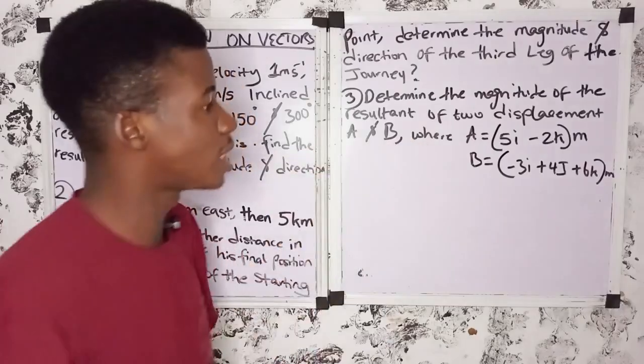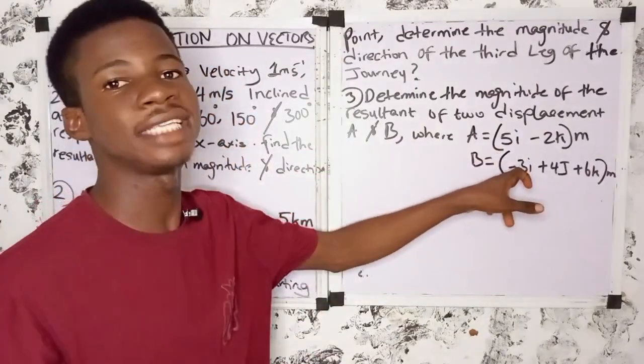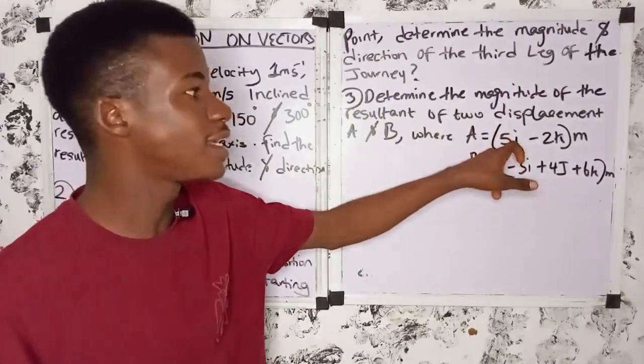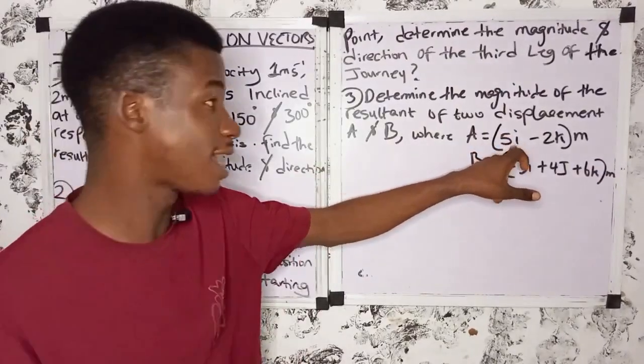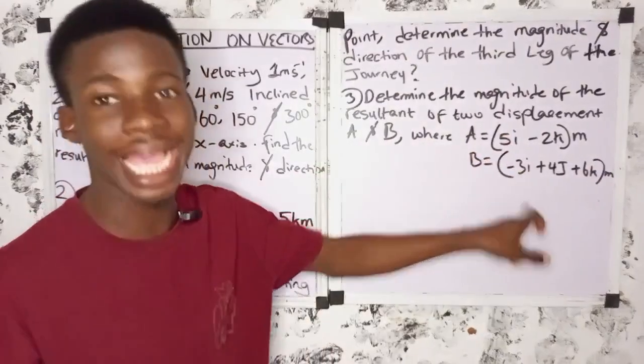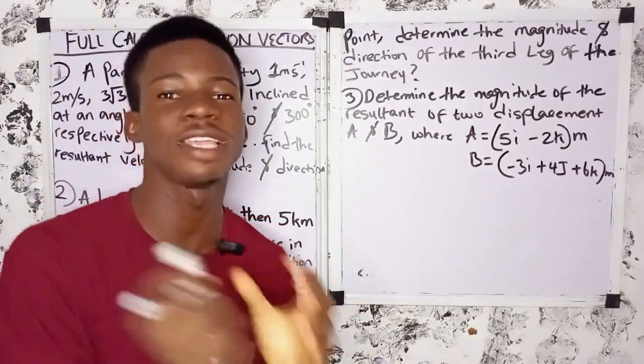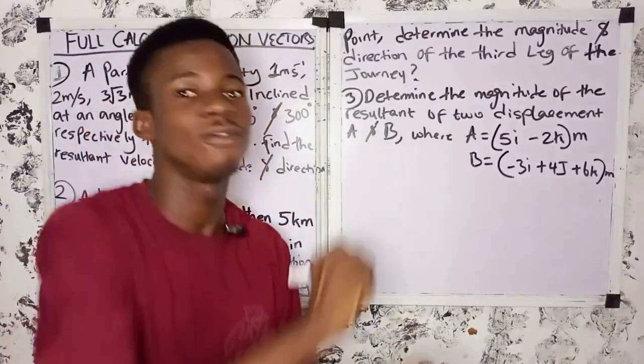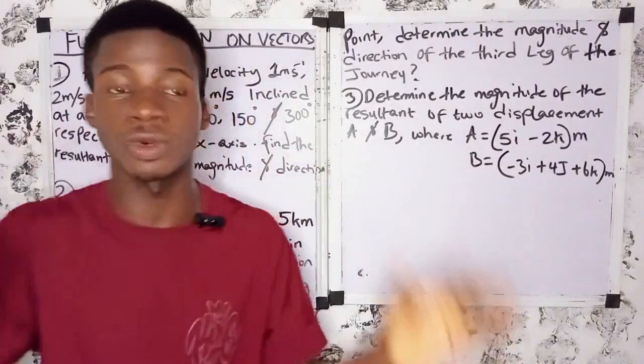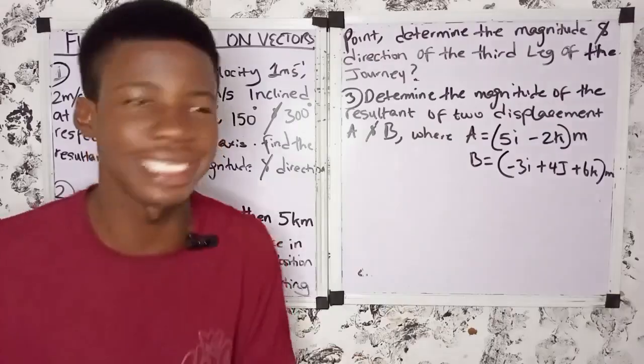If you look at this one now, 5 and 3 are in the same direction: 5 has i, 3 has i. So those vectors that carry the same letter, we add all of them together. We take their square before we take the square root to get their resultant. It's very easy.